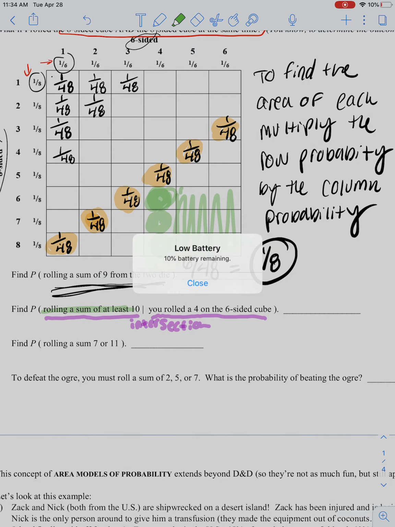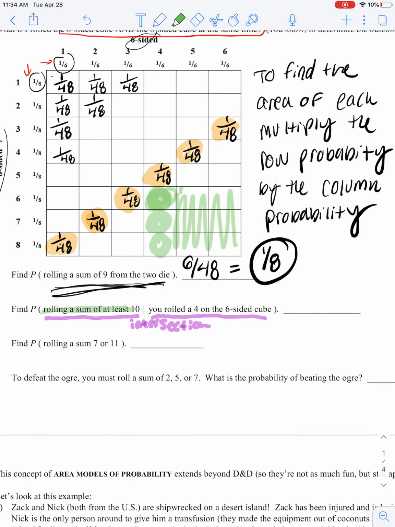Now, it wants to know, given that I've already rolled a 4 on the 6-sided cube. So we're looking at the 4 row here. So we can ignore this now. So on the 4 column, on the 6-sided cube, rolling at least a 10 would be the intersection of these two events.